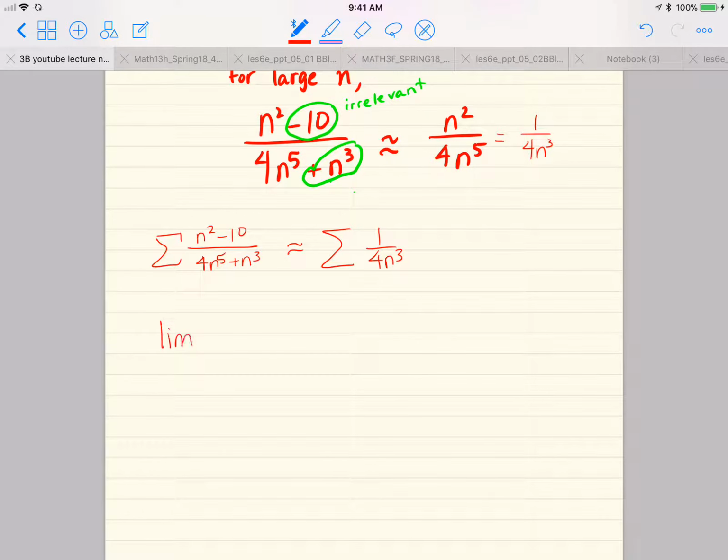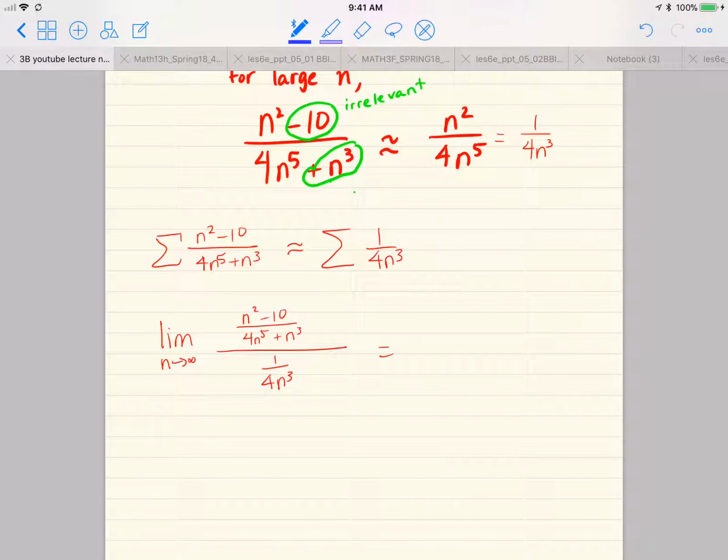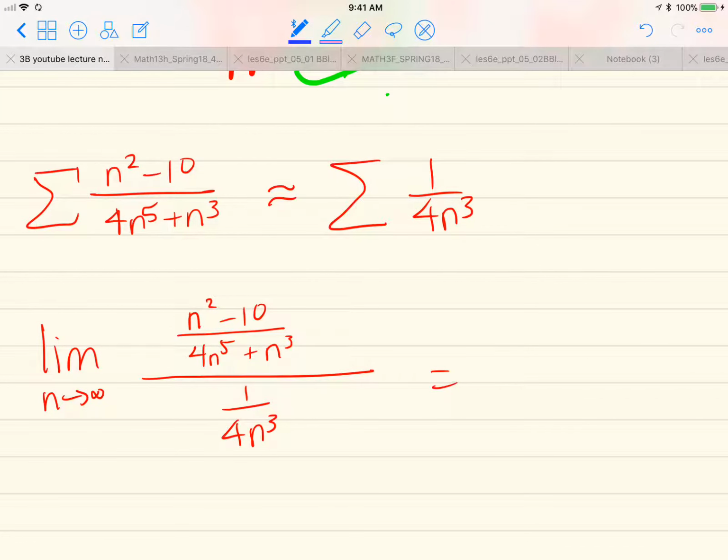So the limit as n goes to infinity of (n squared minus 10) over (4n to the fifth plus n cubed), divided by 1 over 4n cubed, equals, okay, so I'm going to do my favorite thing, which is to multiply by 4n cubed on the bottom and on the top.